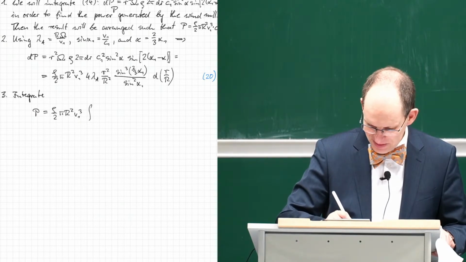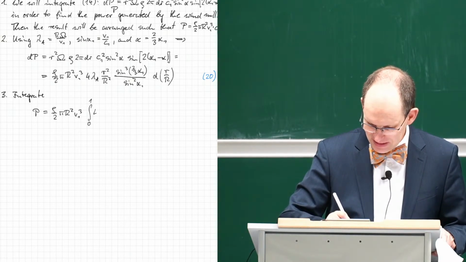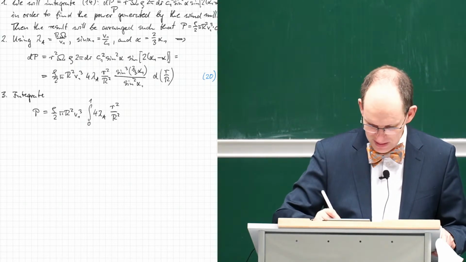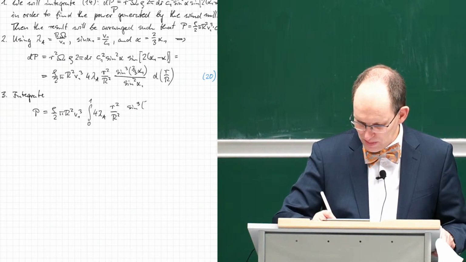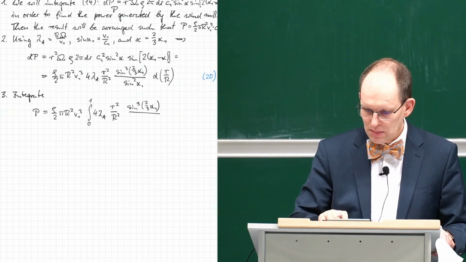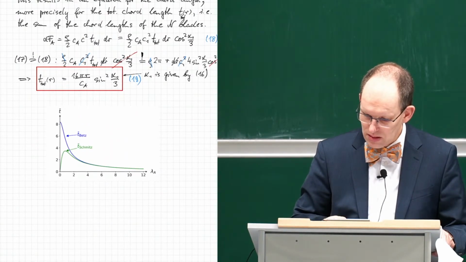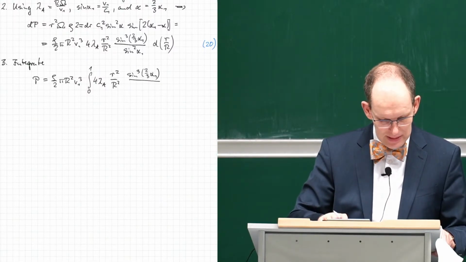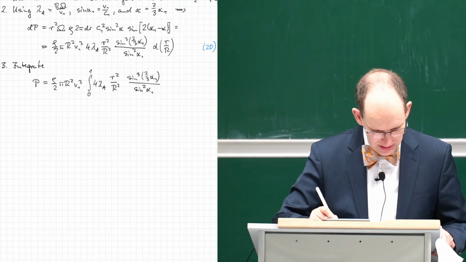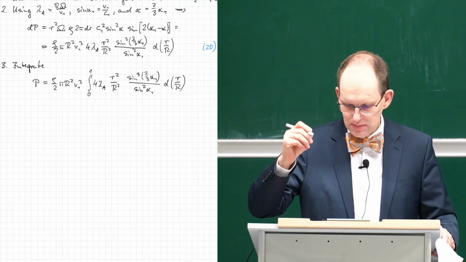We integrate from 0 to 1 over the normalized radius, 4 lambda a r squared over capital R squared times the sine cubed of 2/3 alpha 1, and again alpha 1 is known by equation 16, divided by sine squared of alpha 1, d r over capital R. That's our final result.